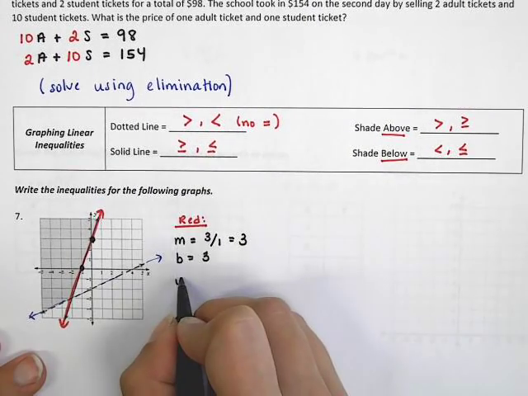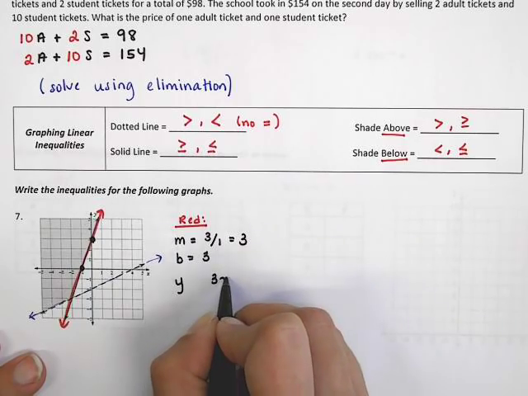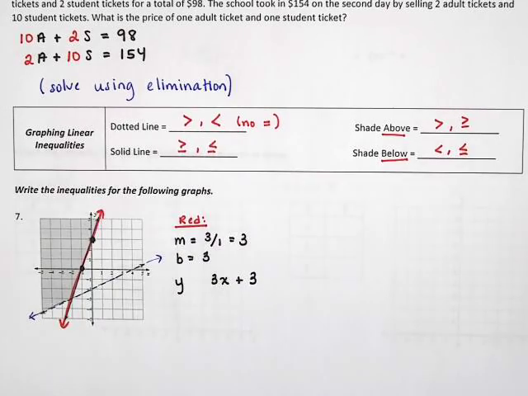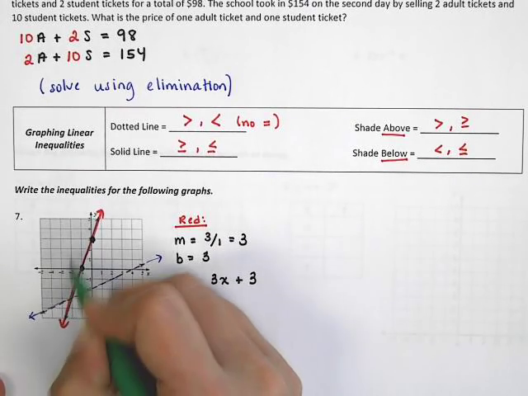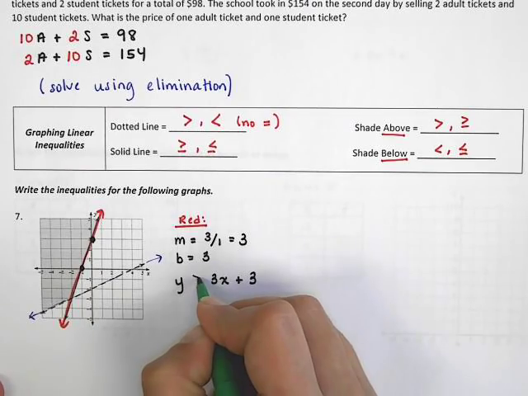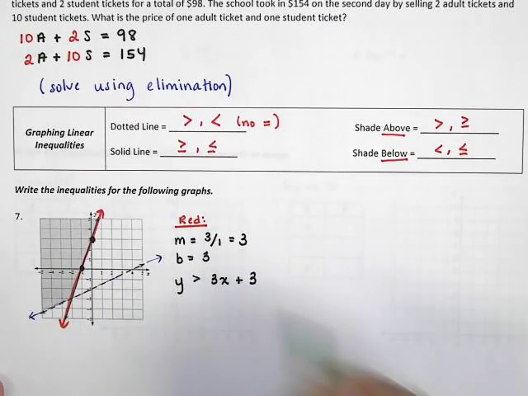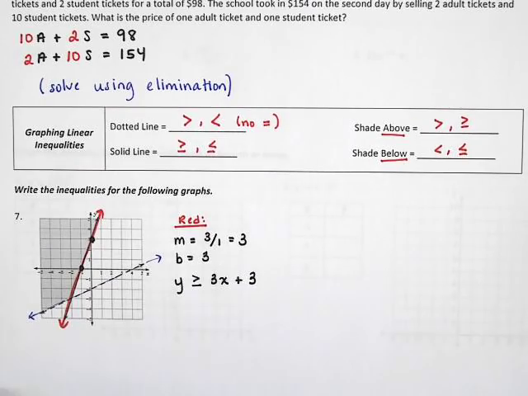So I would write y and then mx plus b, so 3x plus 3, and I'm going to leave a space. Now if I look at this line, the shaded part is above the line. So I would use the inequality greater than because I'm shading above. And since it's solid, I would use equal to.